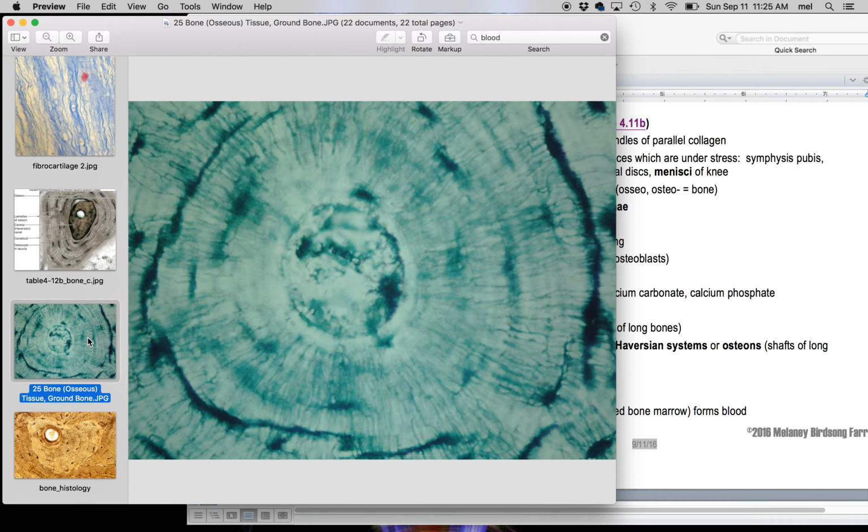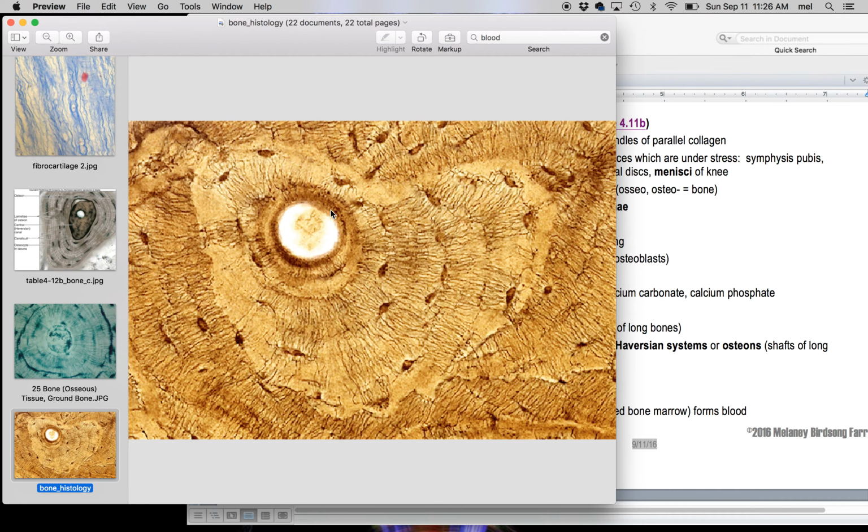So in each of these bone slides, you're going to need to be able to label the central canal. Okay, this is a lamella from here to here, and here's the next one. At the edges of the lamellae, you will find osteocytes sitting in a lacuna, okay?